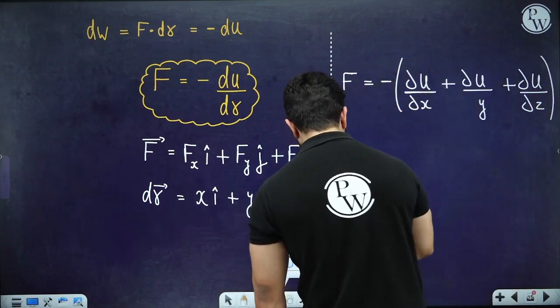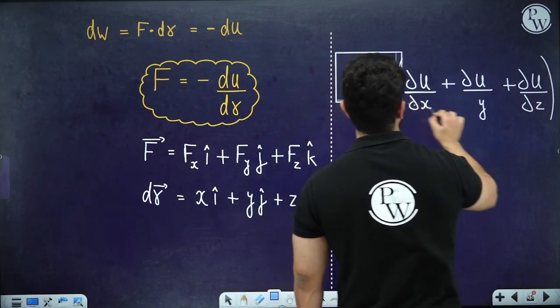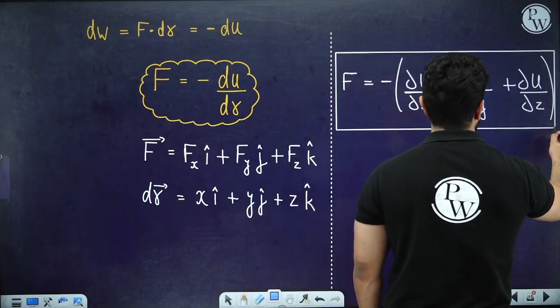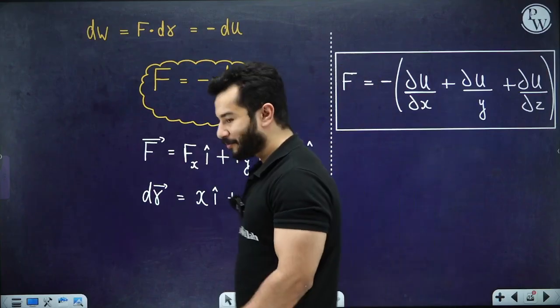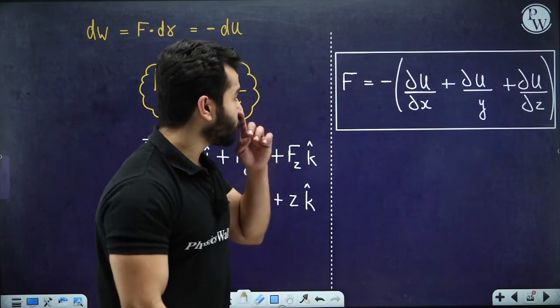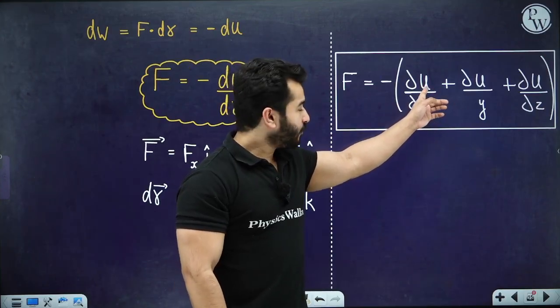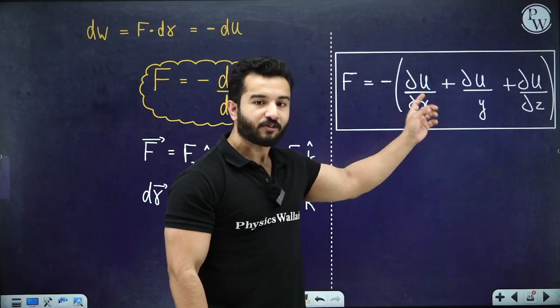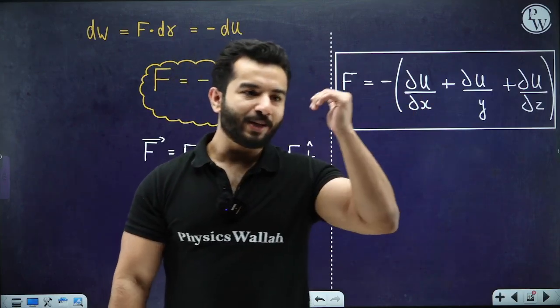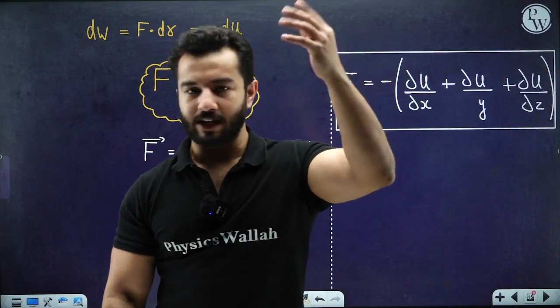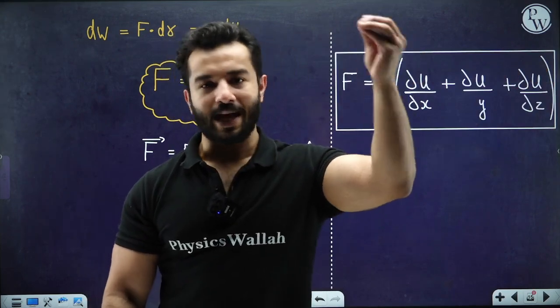What do you mean by partial differentiation? Hopefully you know this concept, but for all of those students who don't know, partial derivative basically means when you are going to differentiate potential energy with respect to x, you might have terms of y and terms of z. Treat them as constant.